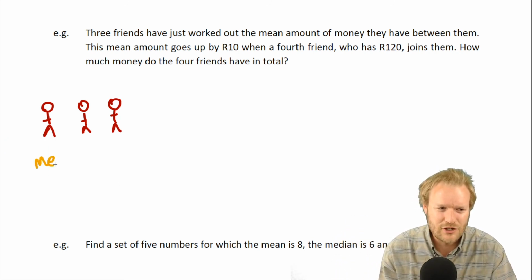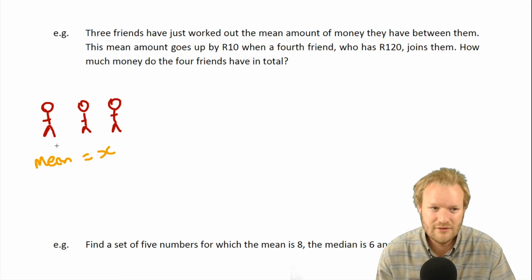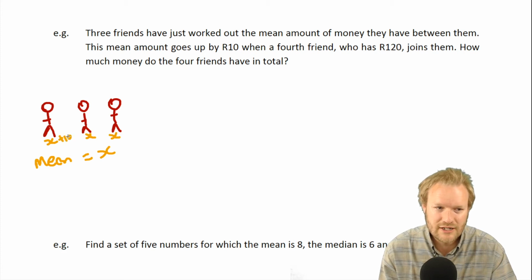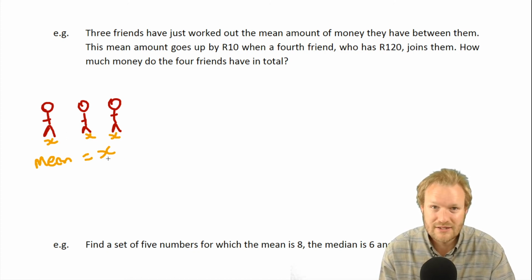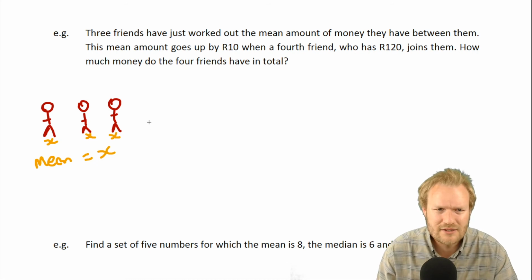We could call that mean x. So each of them has kind of x, or this person's got x plus 10 and this one's got x minus 10. The point is that their mean is x, so on average, each person has x.